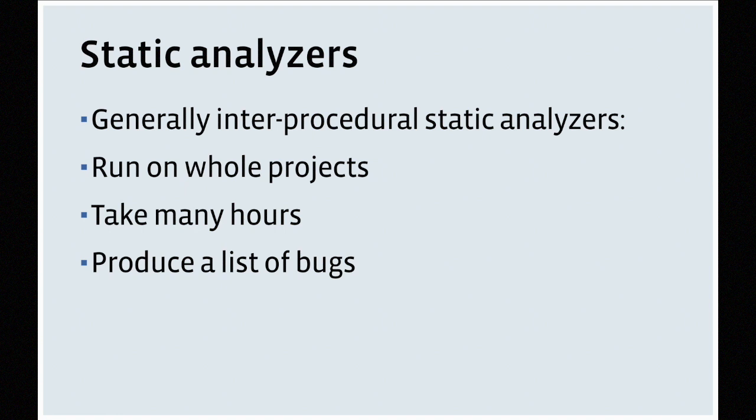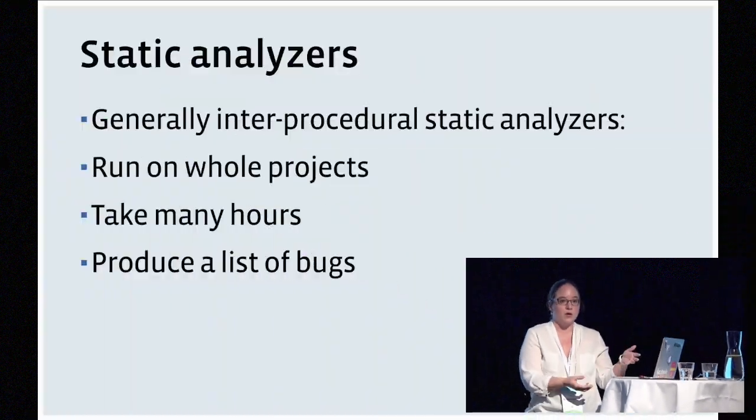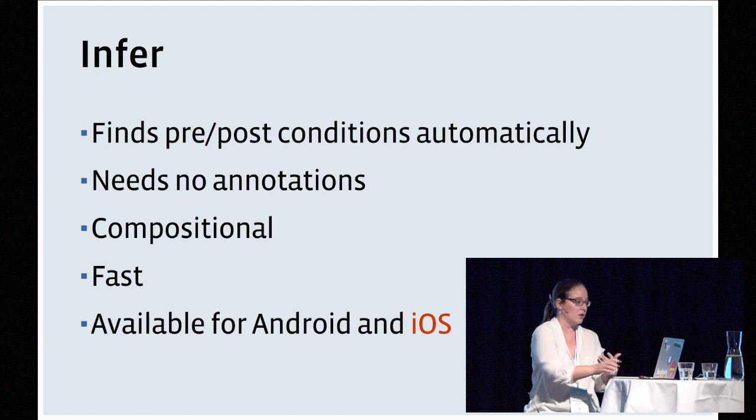They run on whole programs, because we are talking about not just properties of a specific part of the program, but more global properties. So it could be a crash that goes across files and across methods. And so they can take a long time, and it will just produce a list of bugs after many hours. So we have found that this is not a particularly good way of deploying such a tool, and people don't like to use it so much.